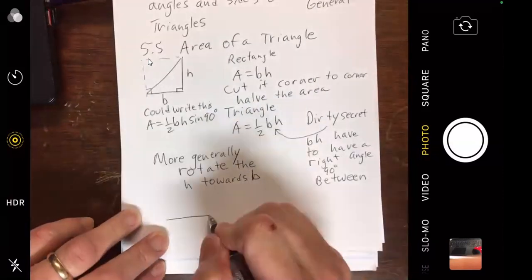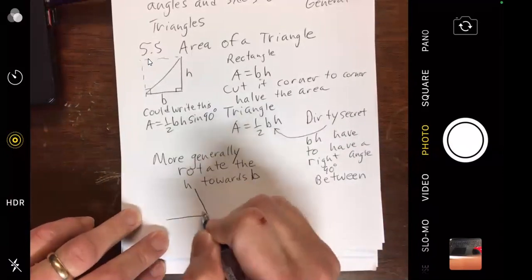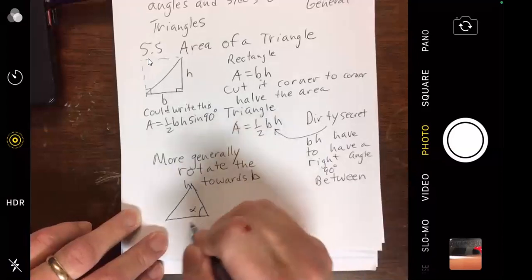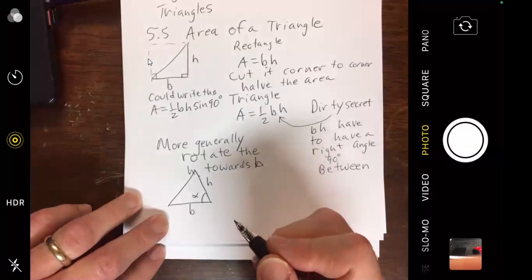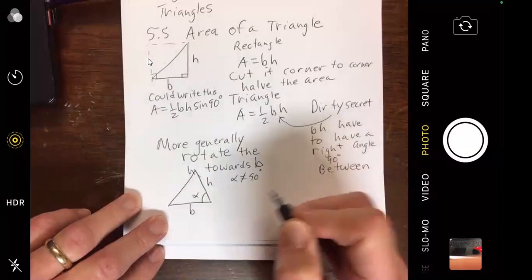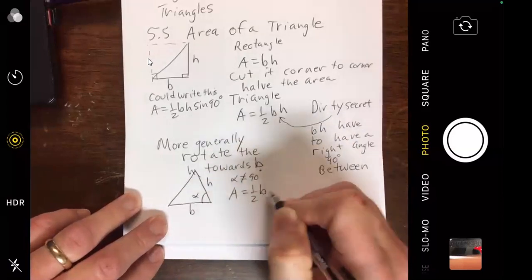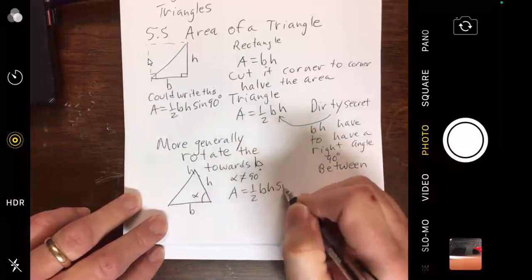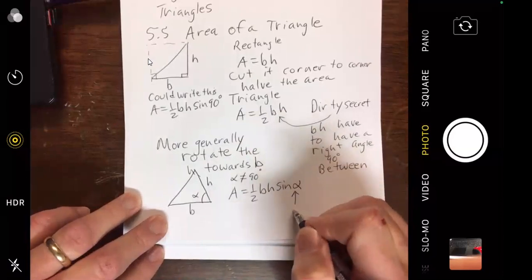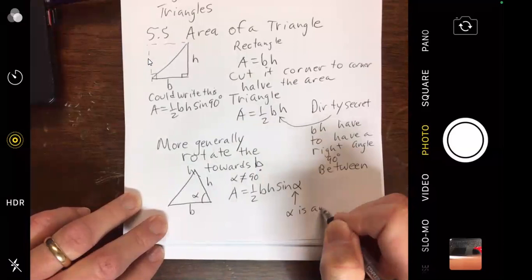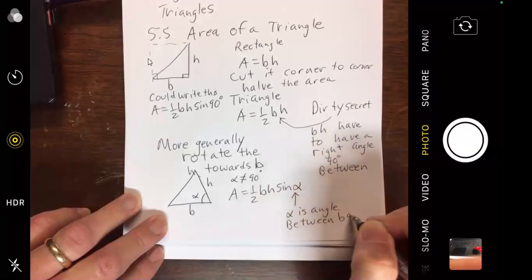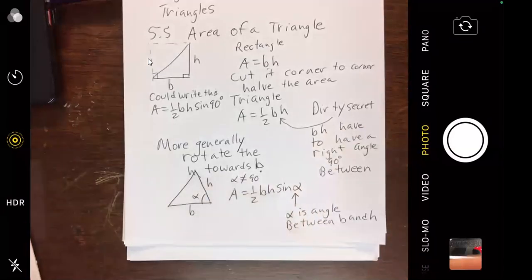If you rotate the H towards B, they usually call this an angle alpha. So here's your base, here's your height. Your alpha is not 90 degrees, and your area becomes 1/2 times base times height times sine alpha, where alpha is the angle between B and H. They show you this in the book.